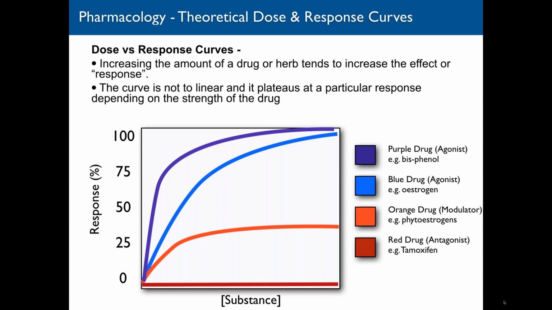There might be a certain point where, let's say 100% response, in the case of a sedative, or even alcohol for that matter, as you increase the amount of wine that you have, if consciousness is your response in this case, there's a certain point where, no matter what, with alcohol as a sedative, eventually you reach the 100% response, which is basically the person goes unconscious and dies, okay?